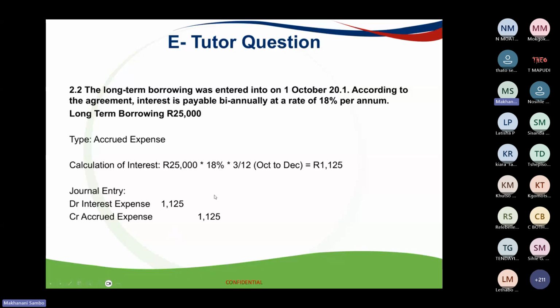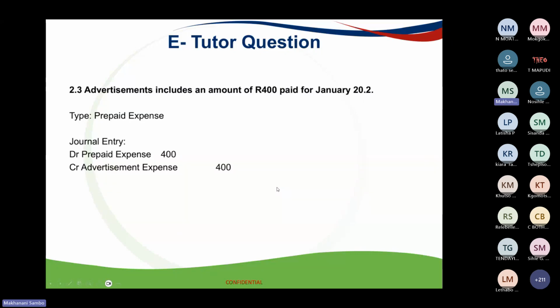Then the next one is an advertisement, which includes an amount of 400 that is paid for next year. The advertisement will only take place in January 2002. So in this case, the type of adjustment that we're seeing is a prepaid expense.